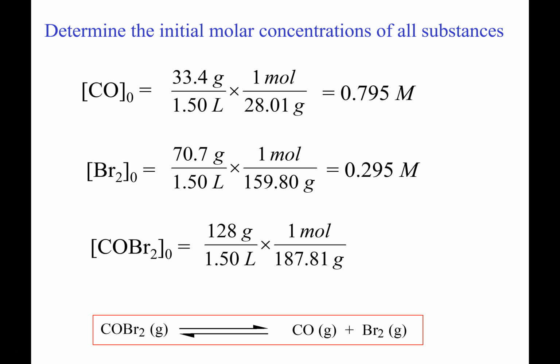Again, we use the periodic table, take 1 C plus 1 O plus 2 Br, and get 187.81 grams per mole. Grams cancel. We're left with units of moles per liter. 3 sig figs, and you're looking at 0.454 molar, or moles per liter.